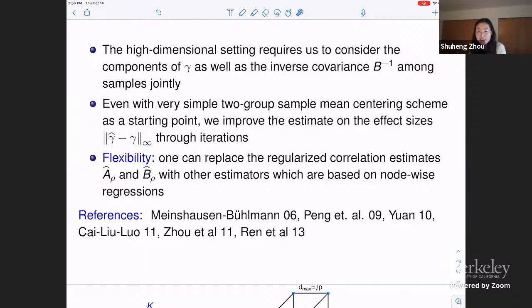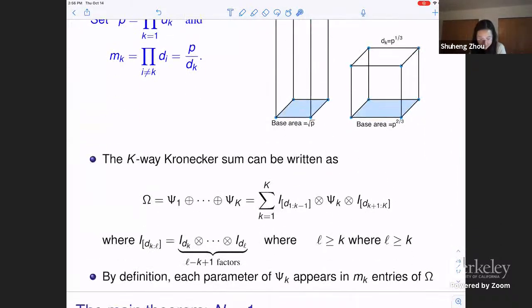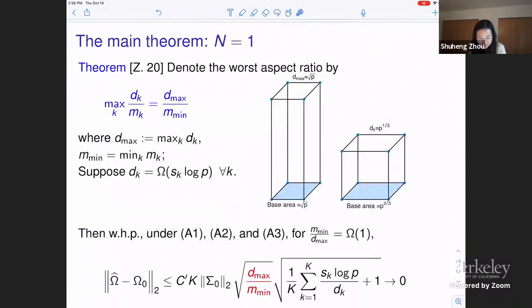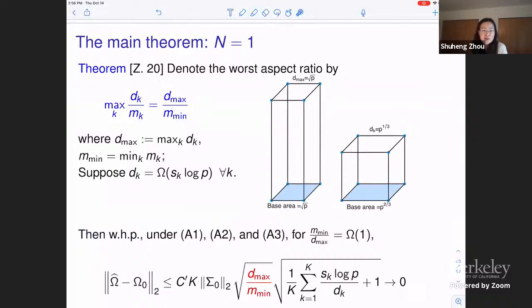The one I didn't get to talk about today, the Kronecker Sum, is a lot harder to get with sample size N equal to 1. This is the theorem I proved after our paper was published, with Kristjan Greenewald and Alfred Hero. It basically says that if you want to prove a no-replicate result for the Kronecker Sum model, you need your data to be well organized, in the sense that no dimension is going to dominate the product of the other dimensions.